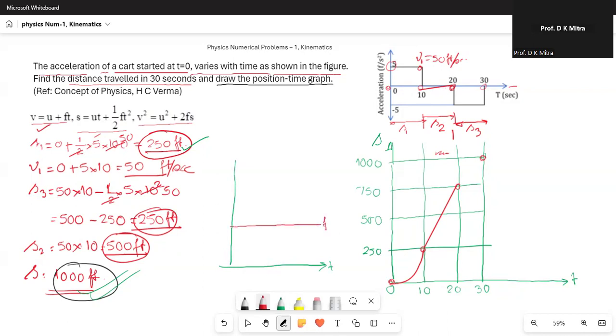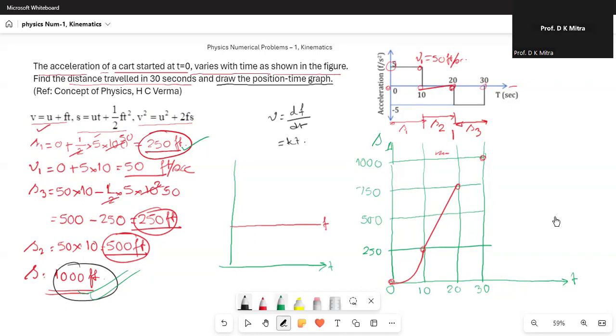This is acceleration F. If acceleration is constant, then we know velocity V is equal to the time integral of the acceleration, and if acceleration is a constant, then velocity will be equal to some constant k multiplied by time.